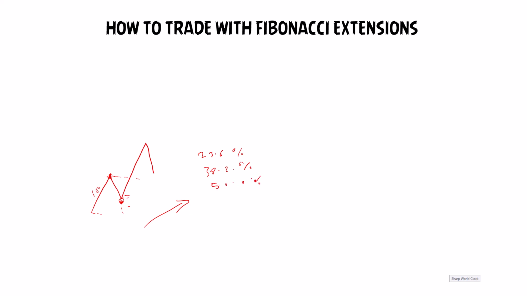And from that level, it's just going to continue moving in the direction of the trend. No, we will have the levels on the chart, and then we'll look at how price reacts to those levels.